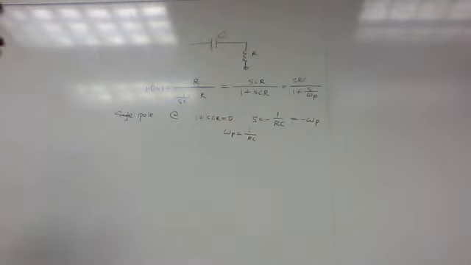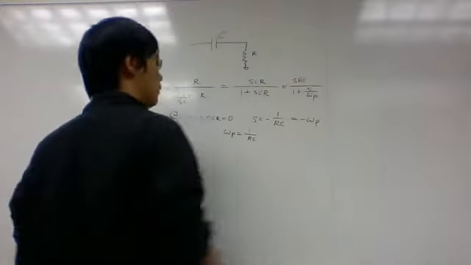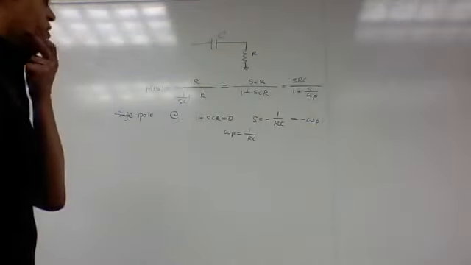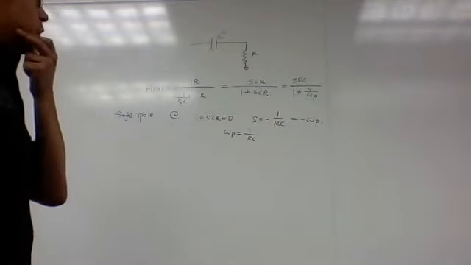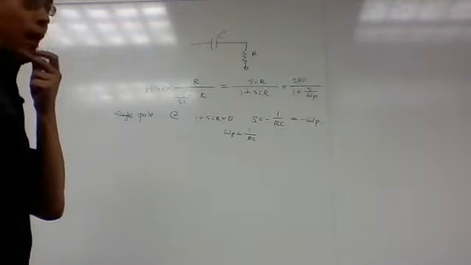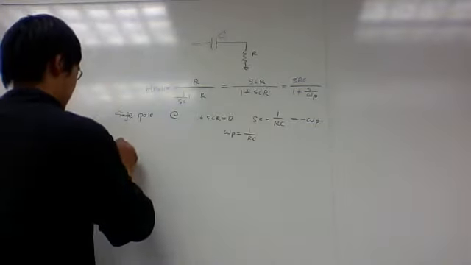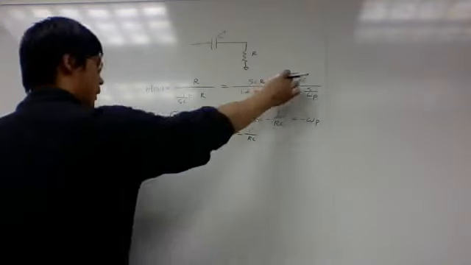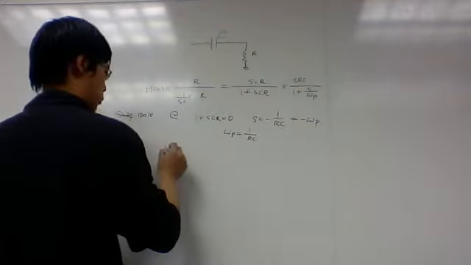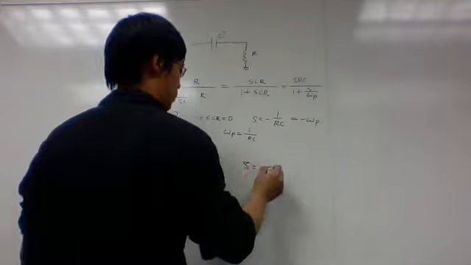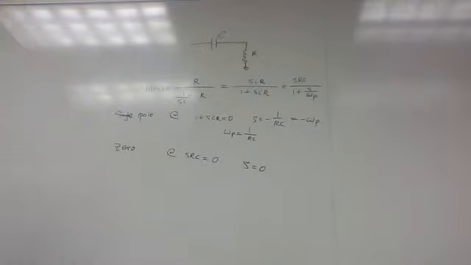But the difference is the numerator is not 1, it's S RC. Because of S RC, it has a zero. The zero is where this reaches 0, so SRC equals 0, so S is at 0. So you have a zero at the origin.